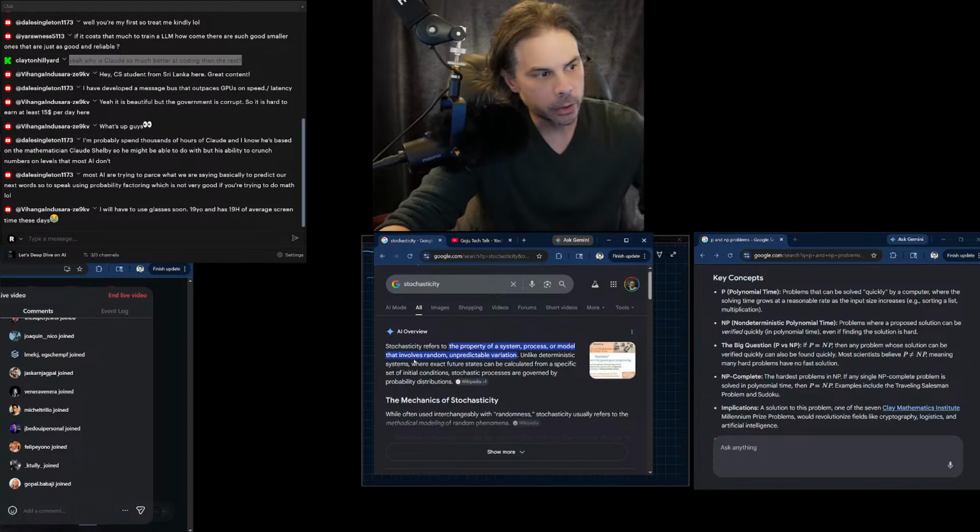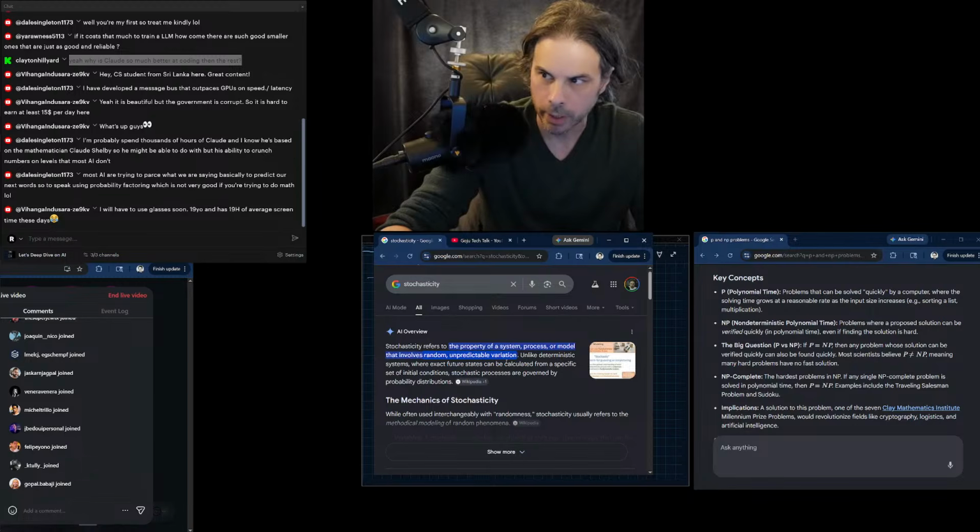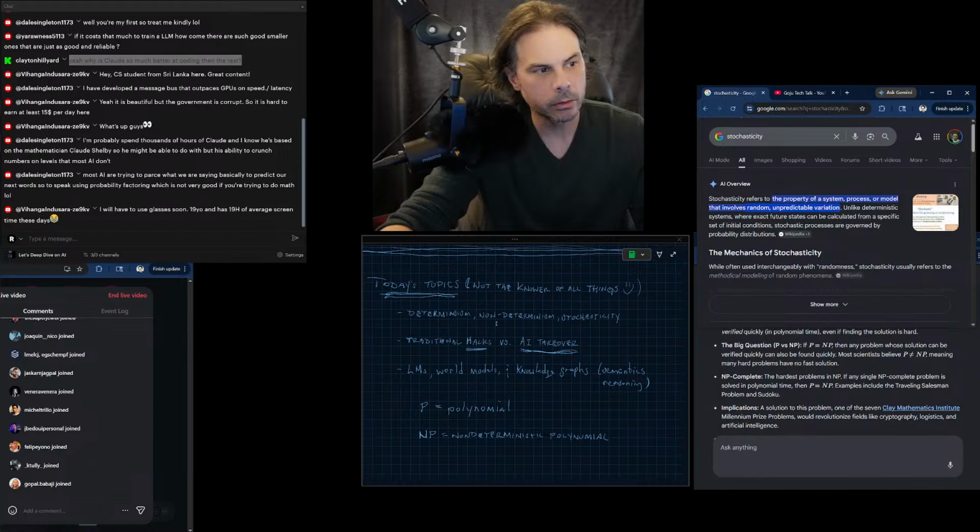So let's just look at the definition of stochasticity at a high level. Stochasticity refers to property of system, process, or model that involves random, unpredictable variation. That's exactly what we're talking about here. We're talking about random, unpredictable variation. That's what language models do. This is why language models are not non-deterministic AIs.